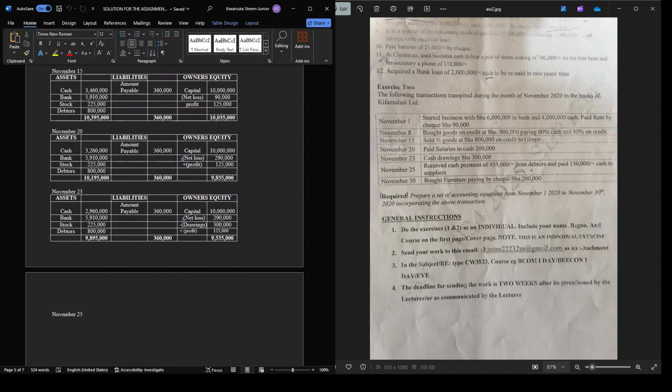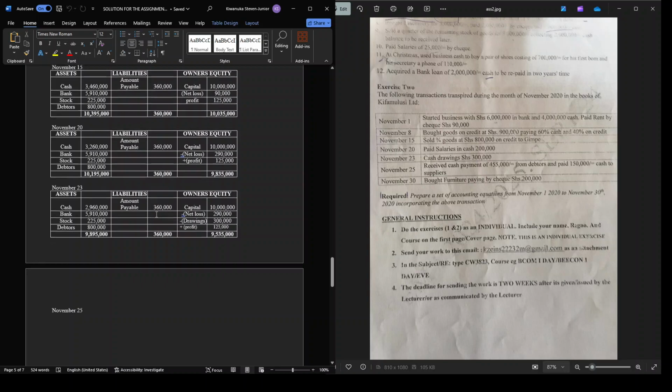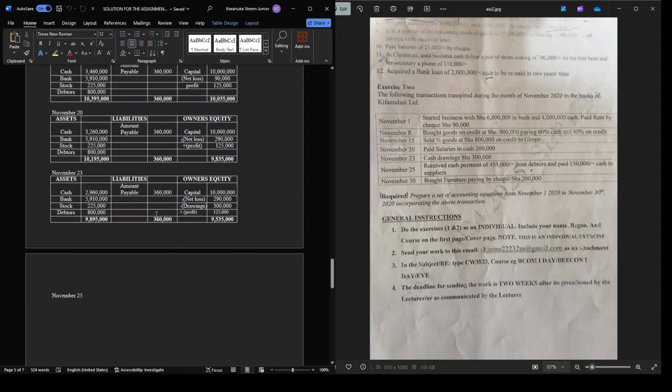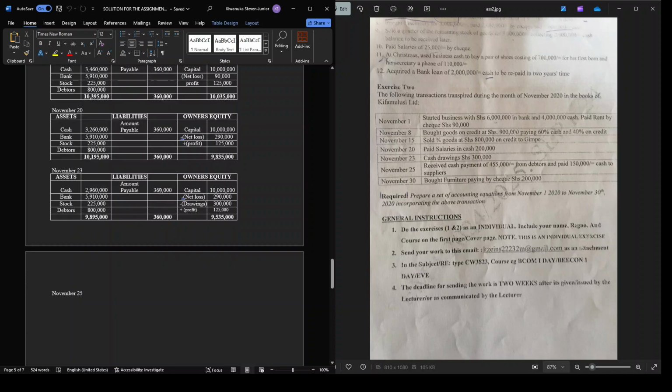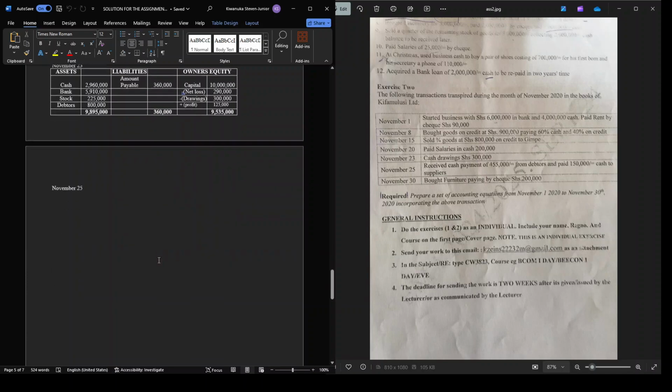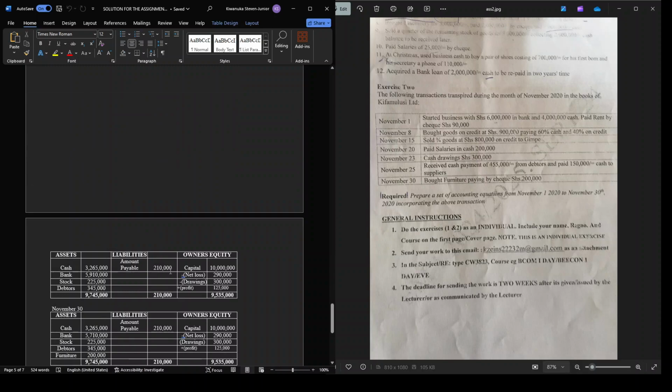Saying received this from debtors and paid 150 cash to suppliers. So we have amount payable. Initially it was there 360, but now he has paid 150. So when you get 360 minus 150, you get 210. That's why we have now 210 here. So we add this plus this, it should be equal to this.